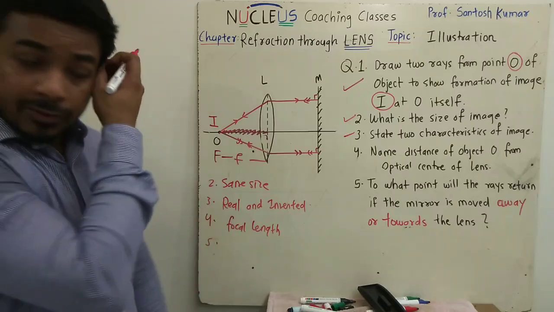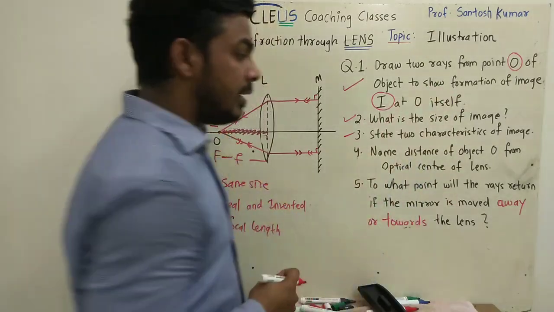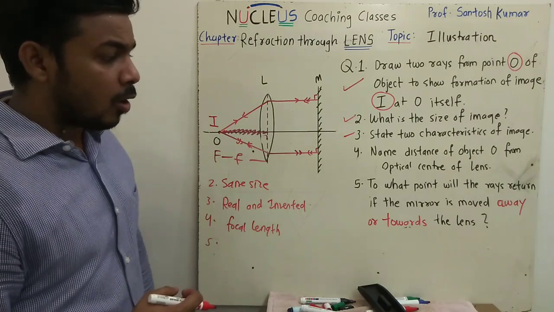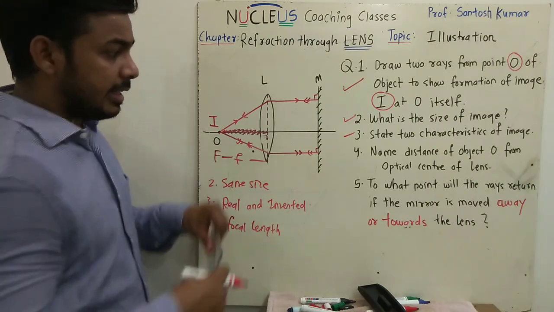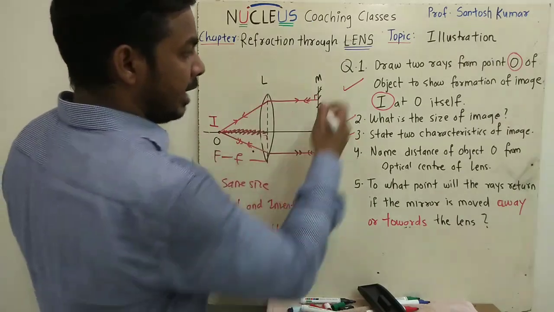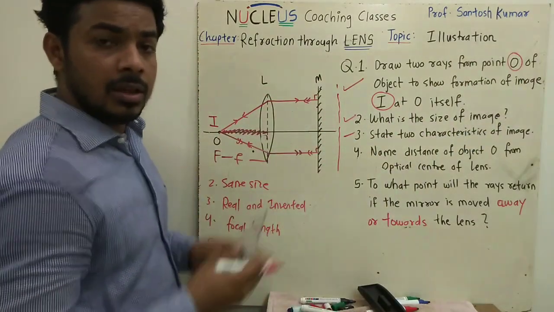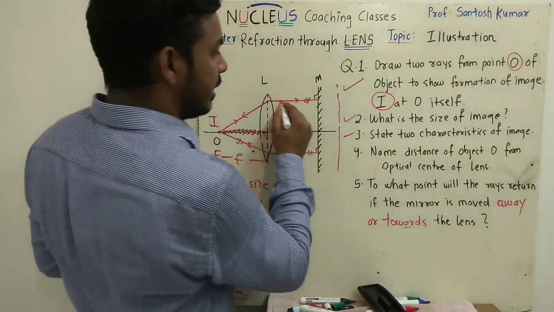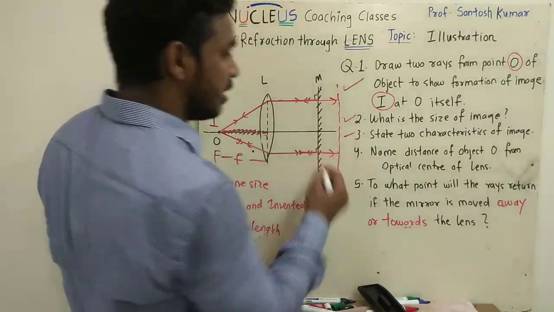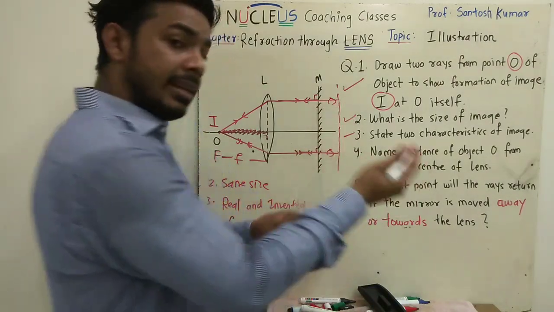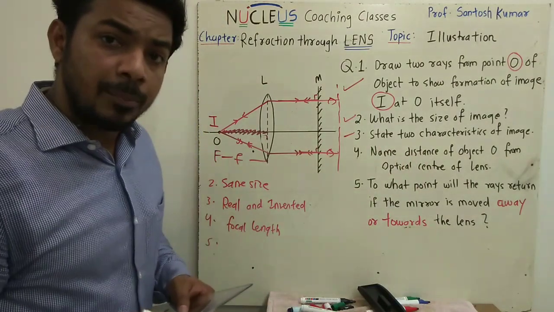And if I talk about the fifth question, to what point will the rays return if the mirror is moved away or towards the lens? That means this being the mirror, if it is moved away from the lens, it doesn't matter, because the ray traveling parallel to the principal axis will still hit perpendicular to it, so the rays will get reflected along the same path.